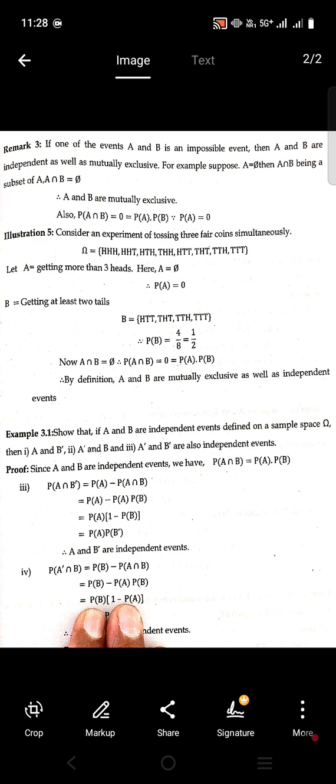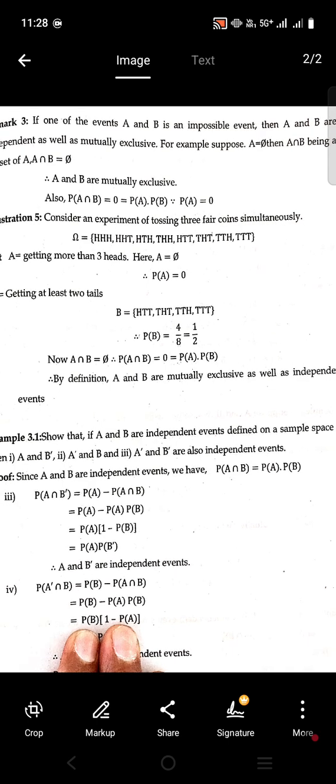In this sample space, getting more than 3 heads is not possible, because we are only tossing 3 coins.